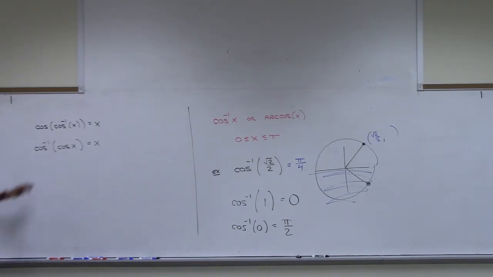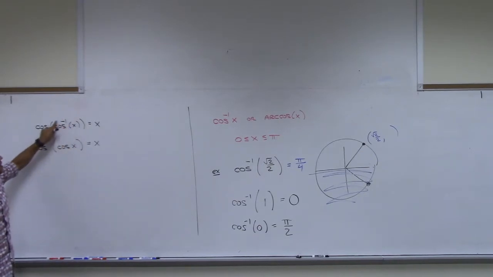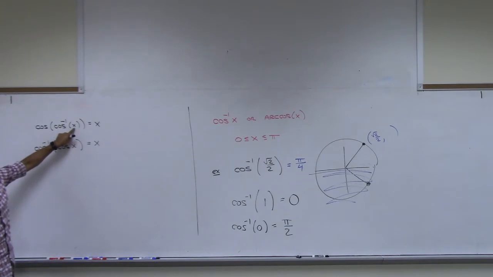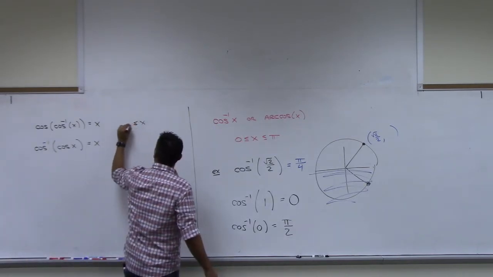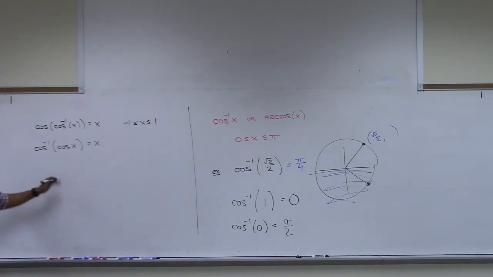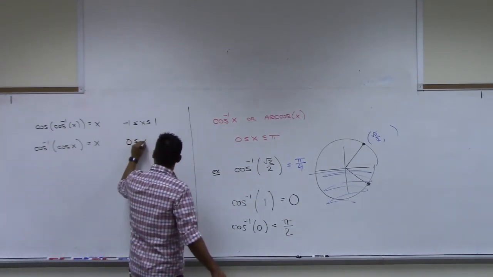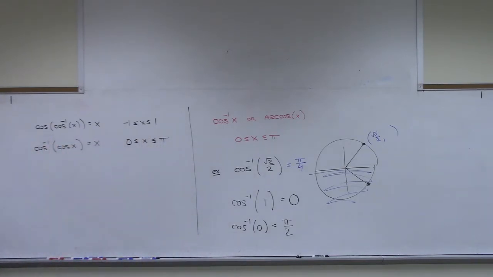For this first one, remember, the arc cosine, this thing in here is the x-coordinate. So what do you think the restriction on the x-coordinate can be? -1 to 1. So that's only valid if that's true. And then this is only valid when? 0 to pi. So these are our cancellation properties for cosine.